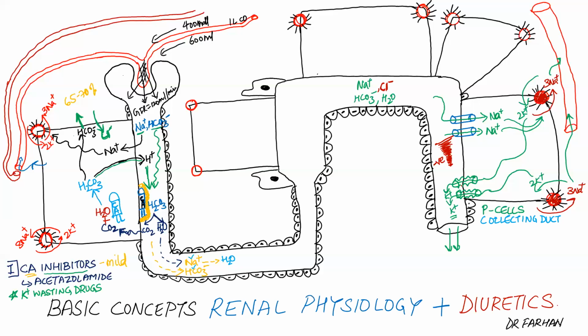So the point that you have to remember in this particular segment is that there will be increased reabsorption, and there will be increased potassium leakage, and since there is negative chloride and negative bicarbonate, it will attract more potassium from inside the cells into the lumen, and that will cause more potassium wasting. That means the potassium getting excreted.